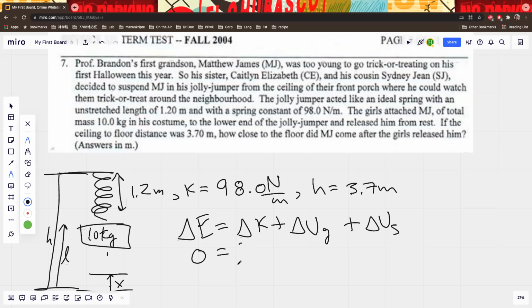K final is half mv squared. Well, K final should be 0, because we want to know the height at which the baby lands.